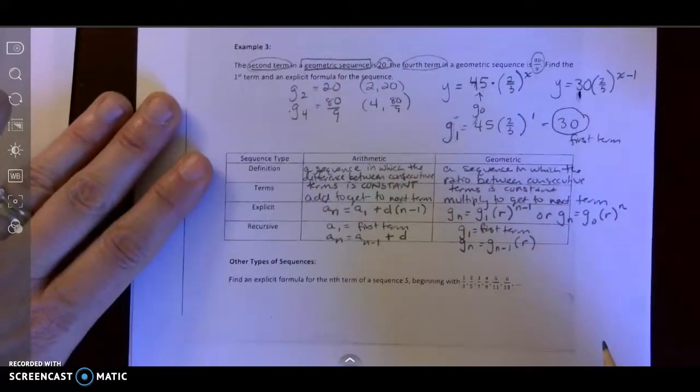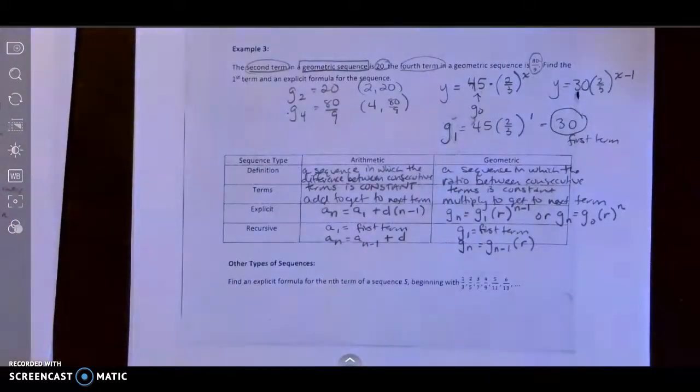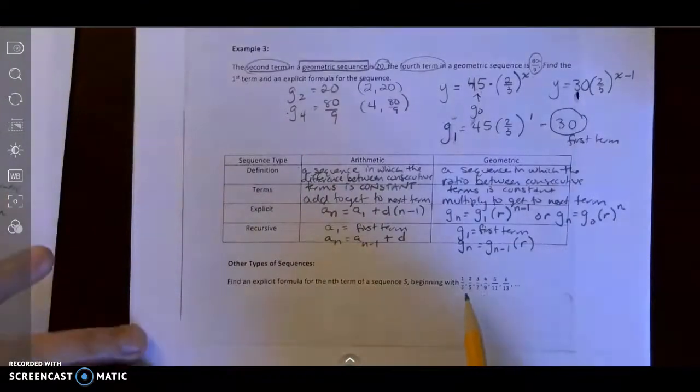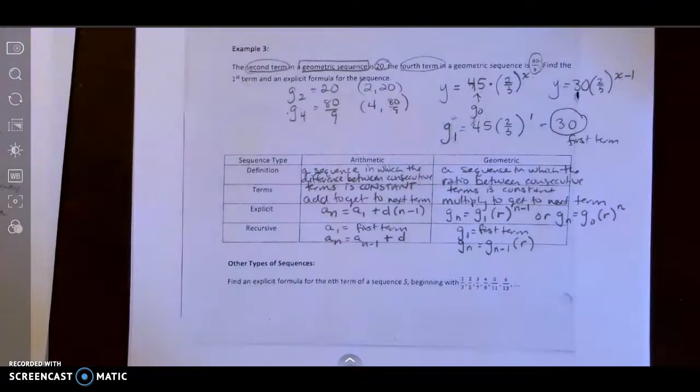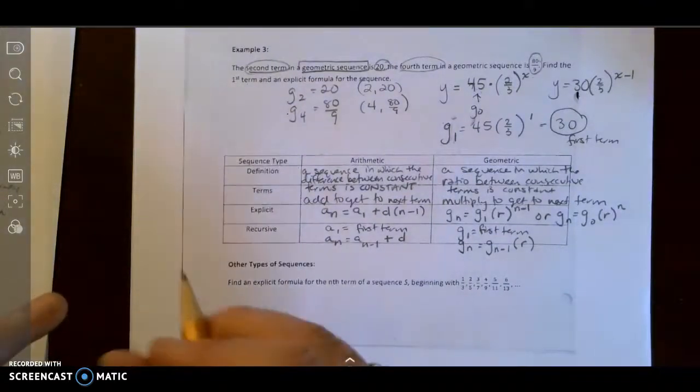Sometimes we have a sequence that might look like a fraction. And it says find an explicit formula for the nth term of this sequence: 1/3, 2/5, 3/7, 4/9, 5/11, 6/13. What I want you to do when looking at this sequence is don't look at the fractions as the whole fraction.